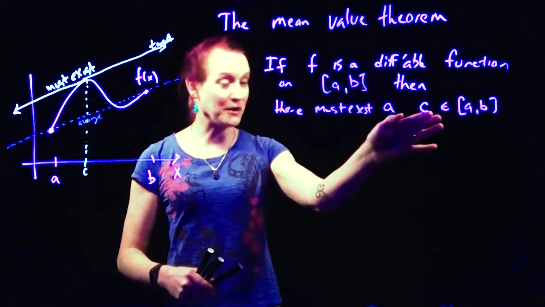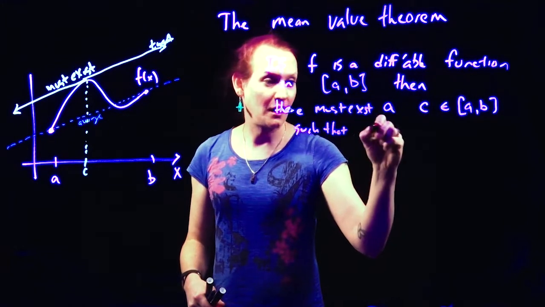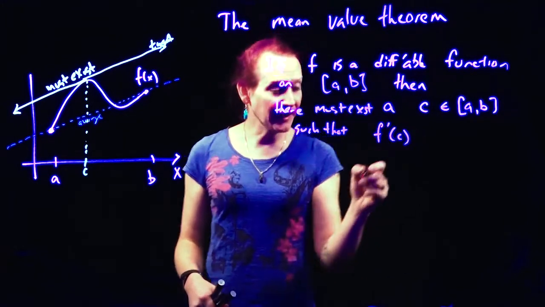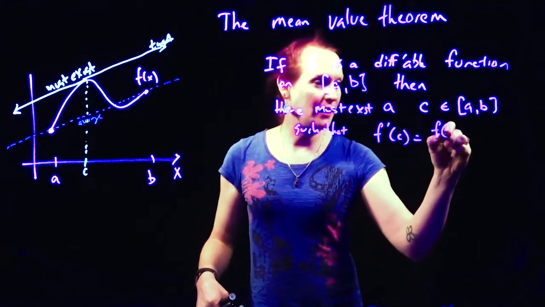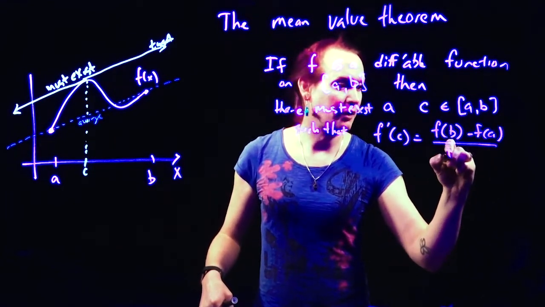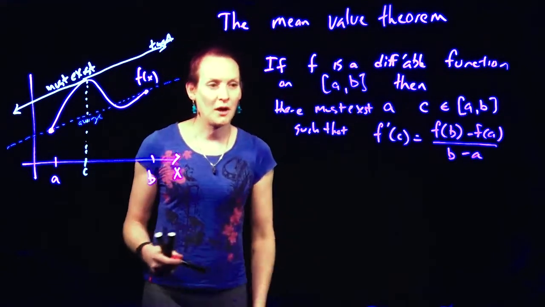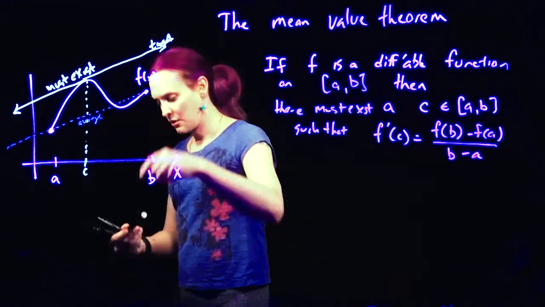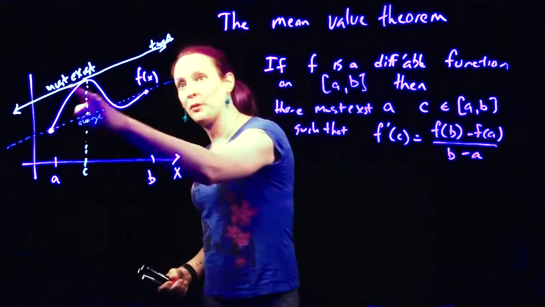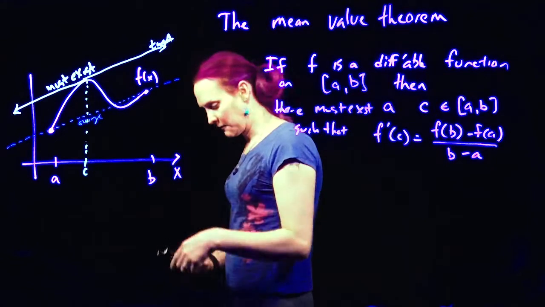Such that, what's special about this C? Well, f prime at C is equal to f of B minus f at A all over B minus A. So the slope of the tangent line right here matches the slope of this line right here.